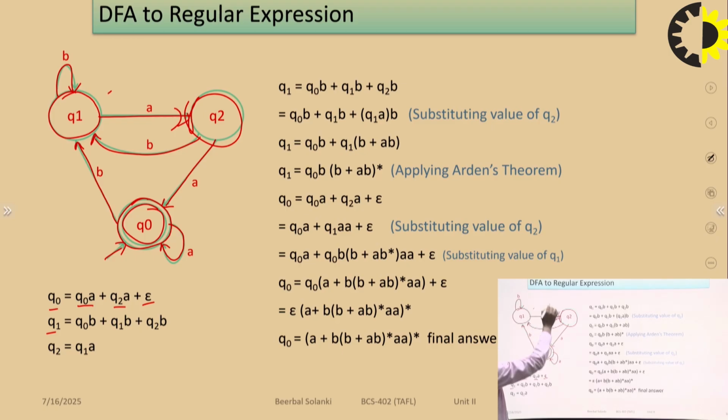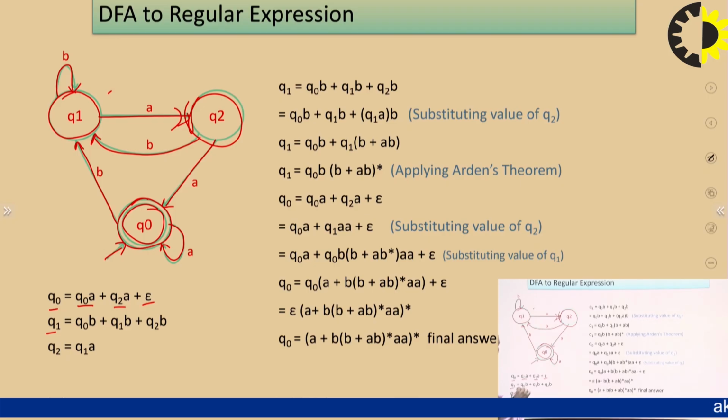Write the similar equation for the Q1 state. So Q1 equals how to reach the Q1 state from the different states.